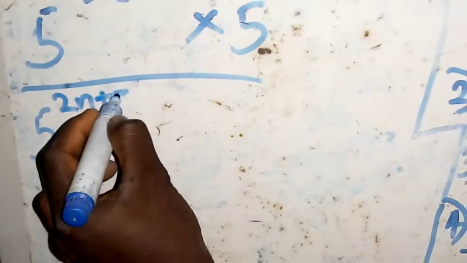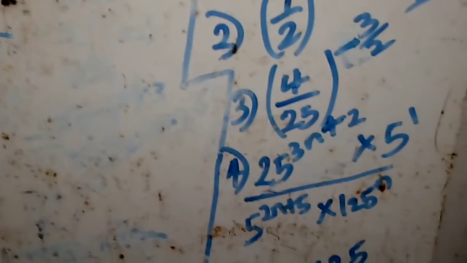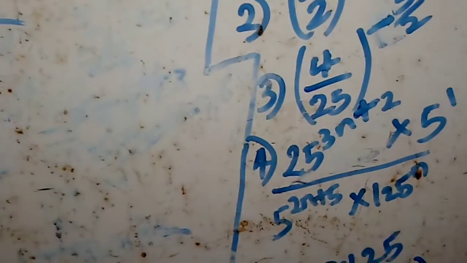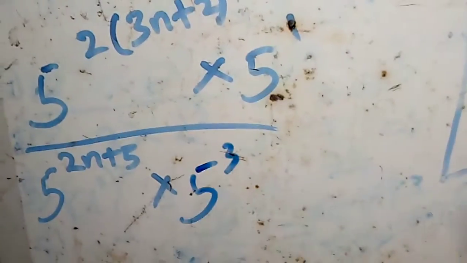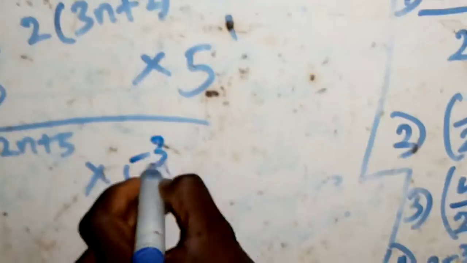So looking at this also, 5 raised to power 2 plus 5, then times, we want to put it in the same base, so we can use the rules of indices. So this will be 5 raised to power 3. You must know that 5 times 5 times 5, that's 125. Sorry, it is 5 raised to power 3 in brackets, your n.